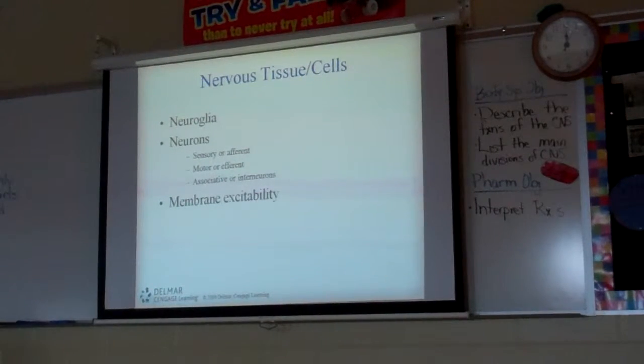Motor or efferent neurons come from the brain to the muscle that is going to make the motor movement.